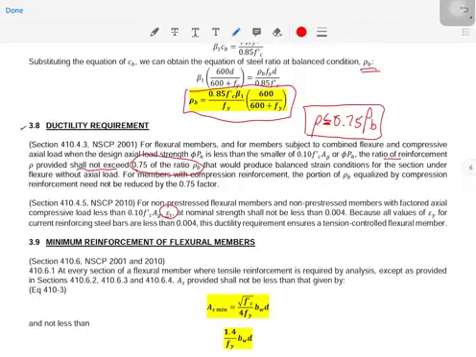Okay, so strain epsilon t at the nominal strength shall not be less than 0.004, because all values of epsilon y for current reinforcing steel bars are less than 0.004. The ductility requirement ensures a tension controlled flexural member. So 2010 is easier to understand.